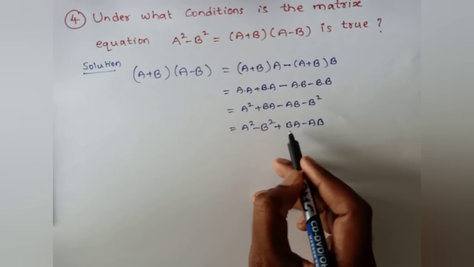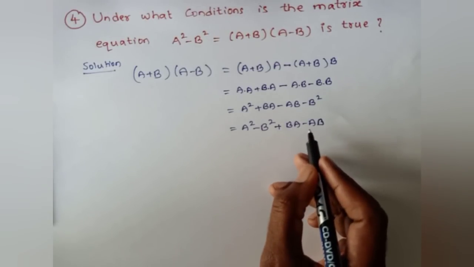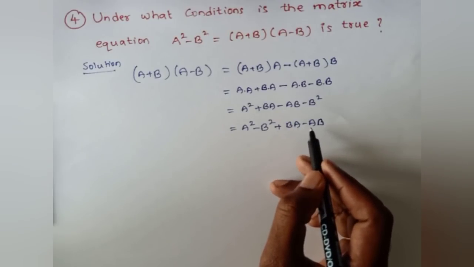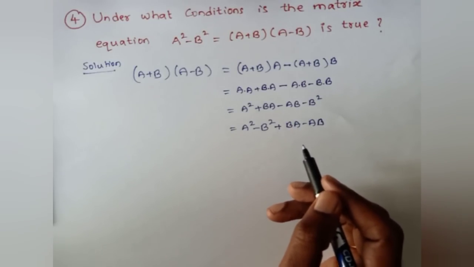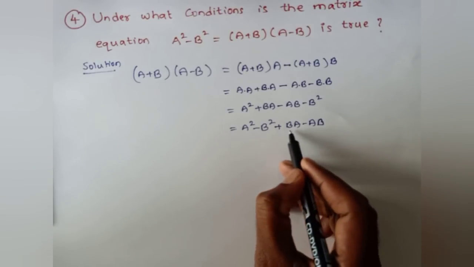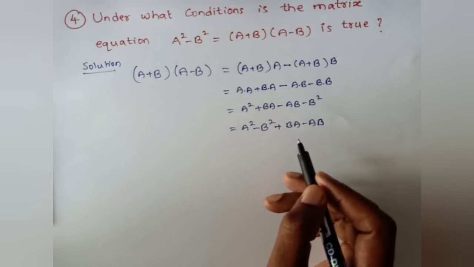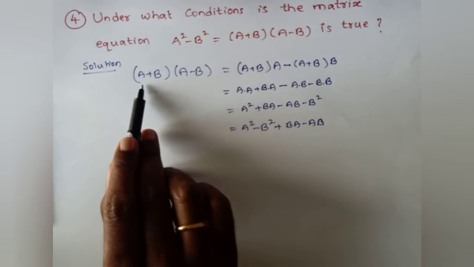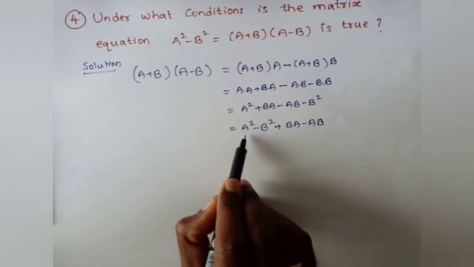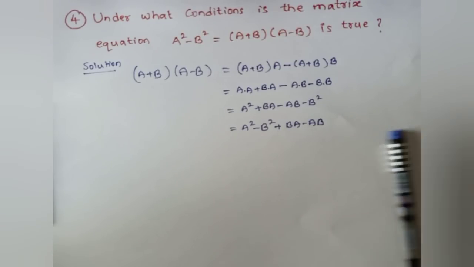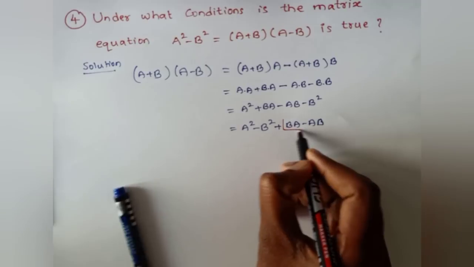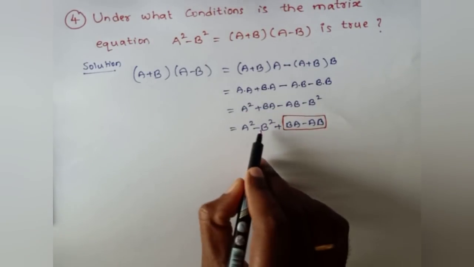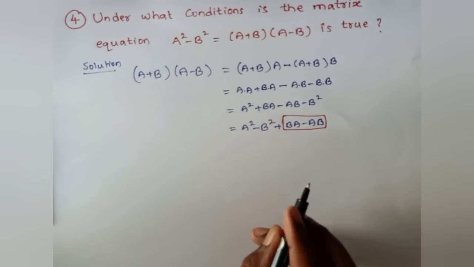Whereas in numbers BA is equal to AB, and we know from the previous session that in general AB is not equal to BA, since with respect to multiplication the matrices do not satisfy the commutative property. Now, the product A plus B into A minus B equals A square minus B square means this part should be equal to 0.